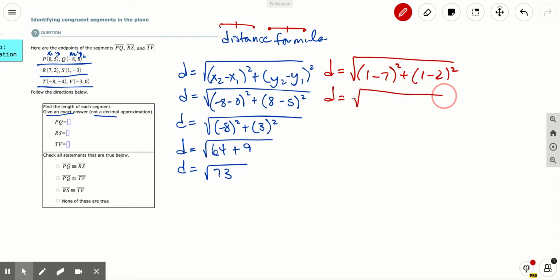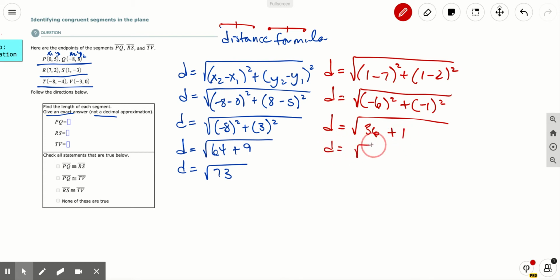D is equal to the square root of negative 6 squared plus negative 1 squared. It's just a square. 36 plus 1. D is equal to the square root of 37. So you can see that these two are not congruent.